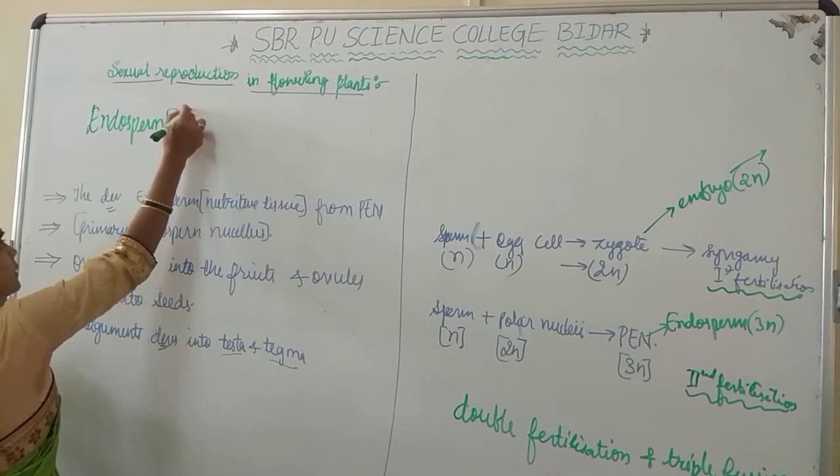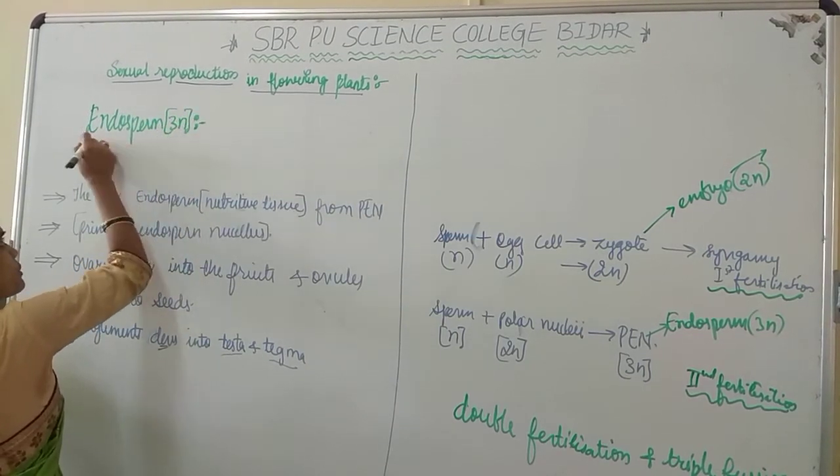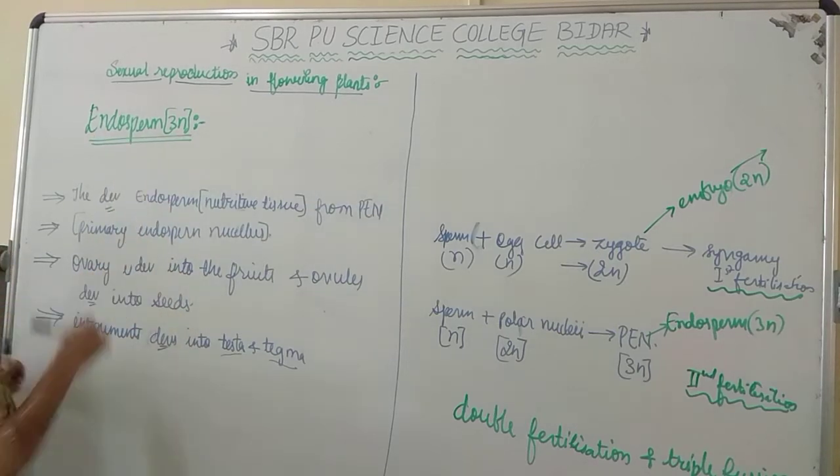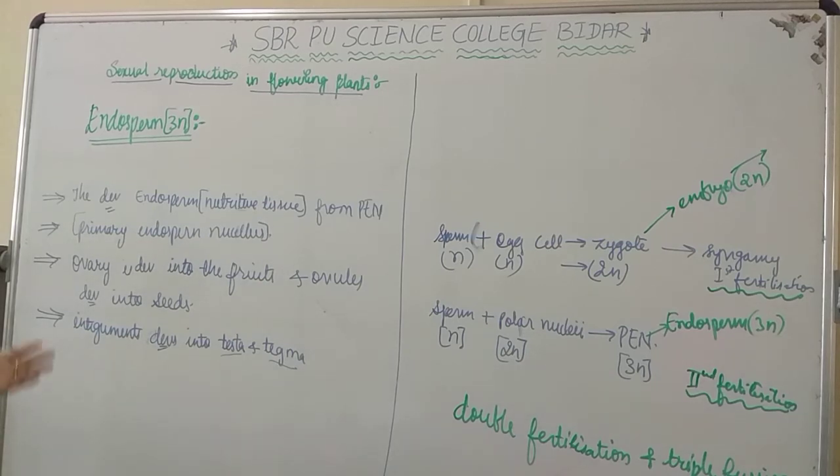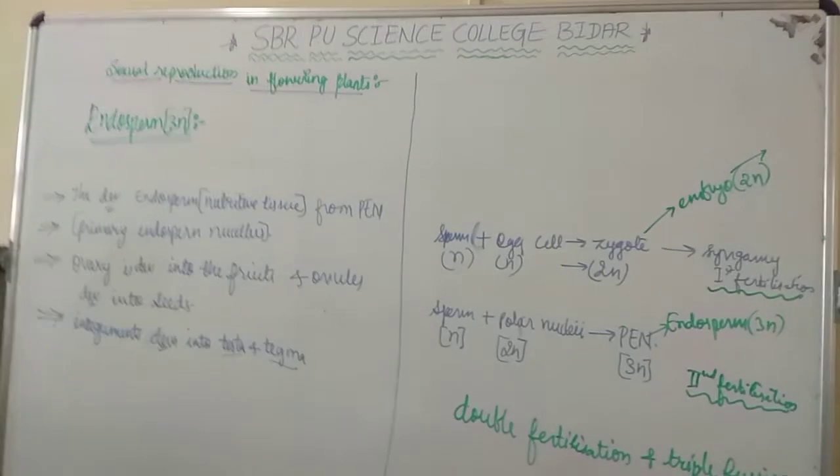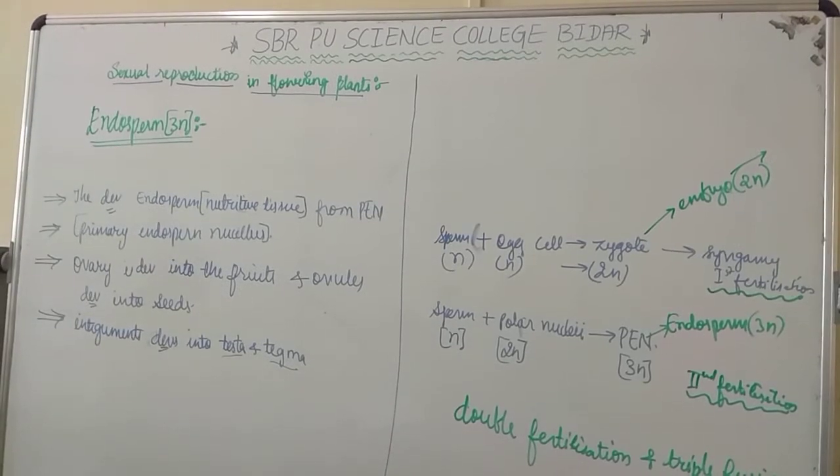Endosperm is triploid, but in gymnosperm it is haploid only. In NEET and CET, to confuse you, endosperms are always in the 3N triploid condition. We know in gymnosperms it is N, but it is a waste there; it is not going to be utilized in some cases. That is the reason that after fertilization the endosperm develops, which is triploid.